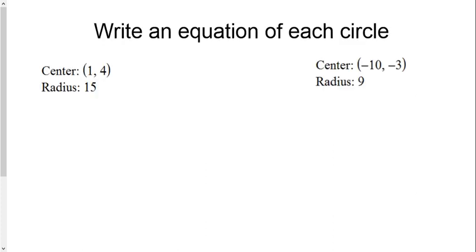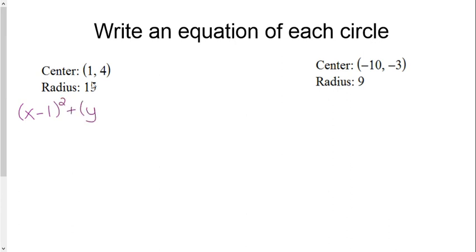So let's see how this works. We want to write an equation of each circle, and I have two different problems here. The first one: we're given the center is (1, 4), and the radius is 15. To write this, we start with x minus 1, because it's positive 1 here, it becomes a negative 1 in the equation, squared, plus same thing for y.